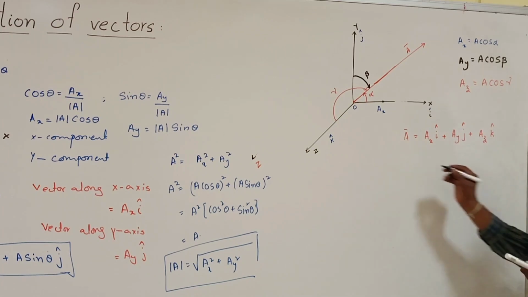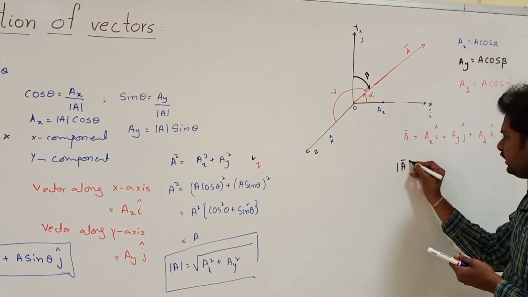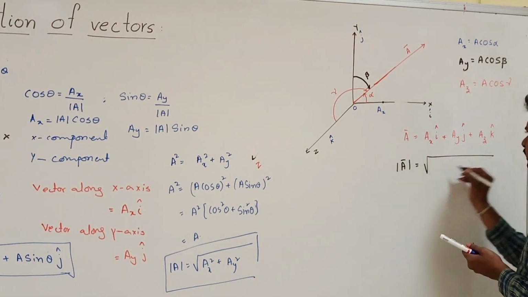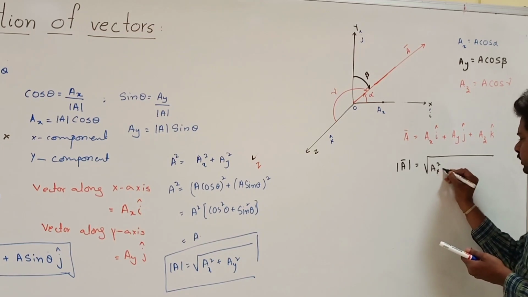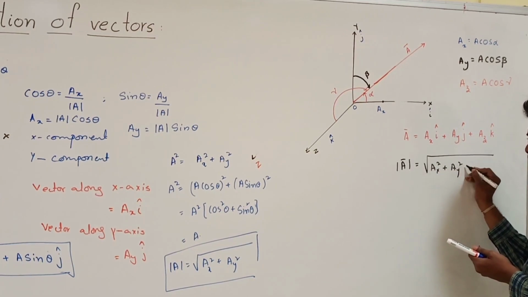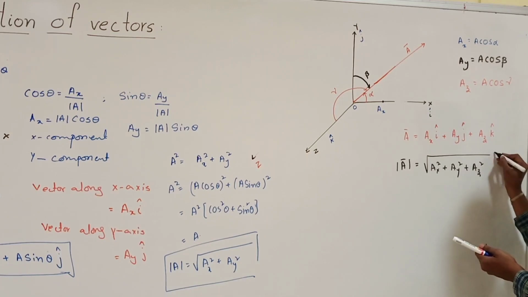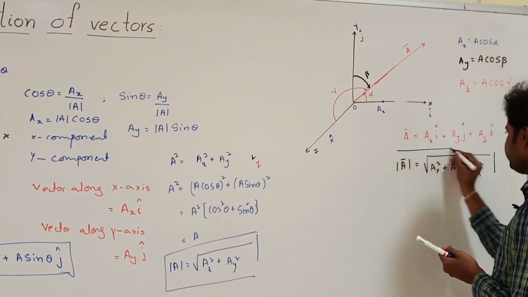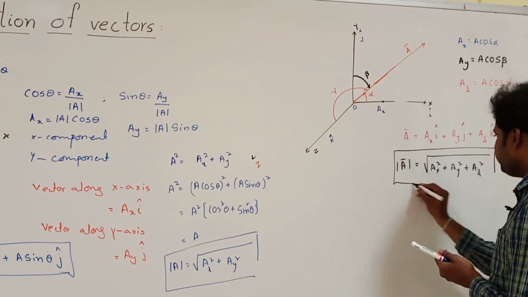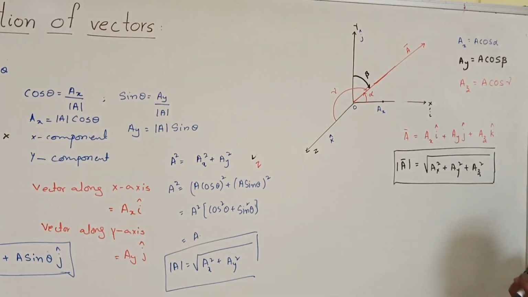Now, how to find the magnitude of a vector: under root of AX square plus AY square plus AZ square. This is to find the magnitude. For any vector, we can take the magnitude in terms of the components.